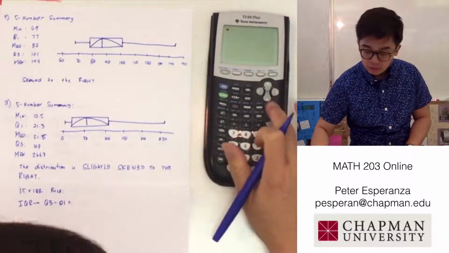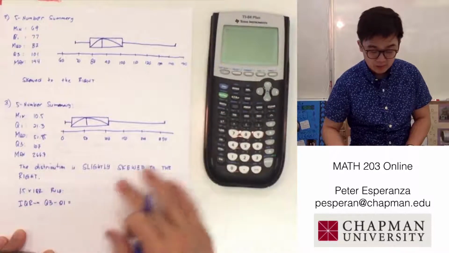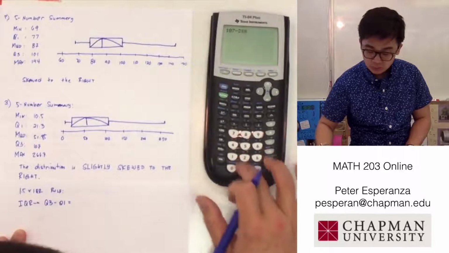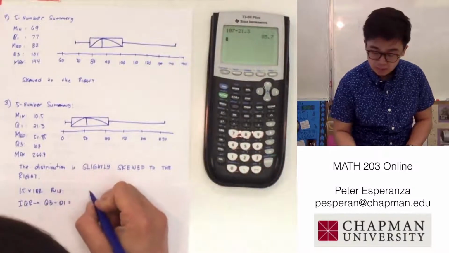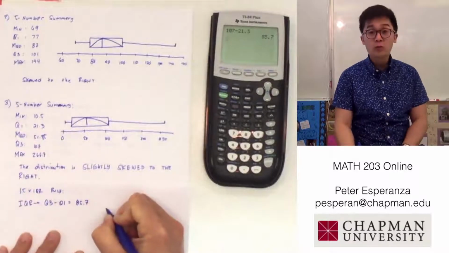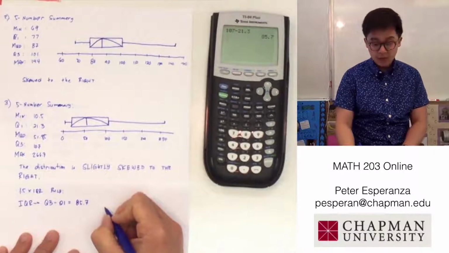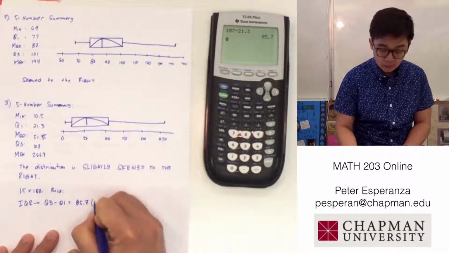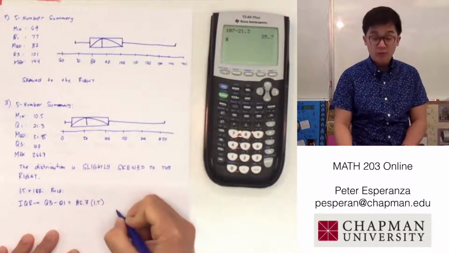And Q3 in our 5-number summary is 107, minus Q1, which is 21.3, and it's giving us 85.7.